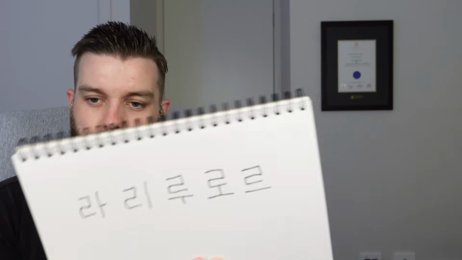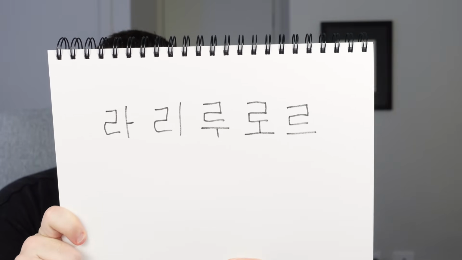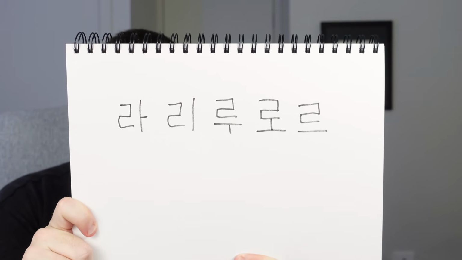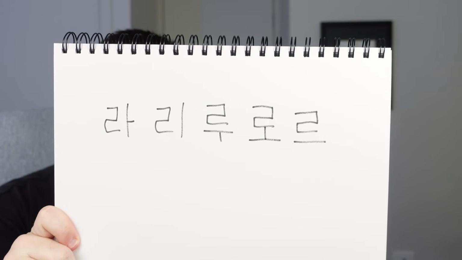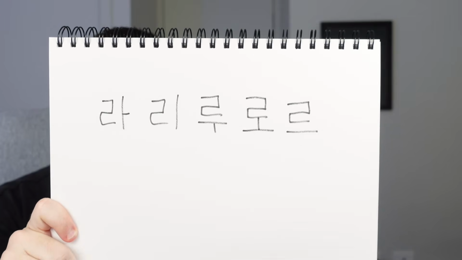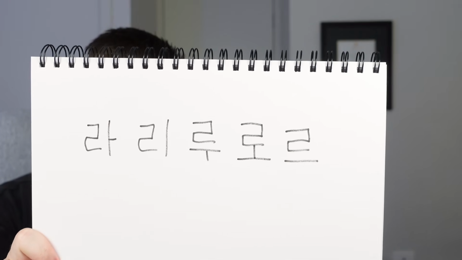If it's just this with a vowel underneath it or next to it, like da, di, do, notice how they don't make the L sound but kind of the R sound? This is just what you need to memorize and get down. These are kind of the rules for it.